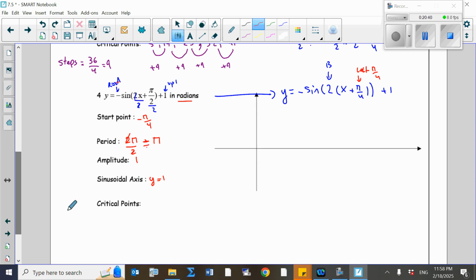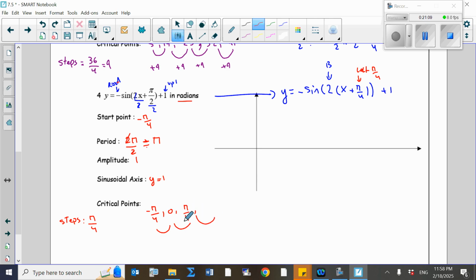Now, the steps of the critical points is pi, the new period, divided by 4. So that's just pi over 4. These are the steps between the critical points. The first point is at negative pi over 4. Then you add pi over 4 to this, that's going to be 0. Add another pi over 4 to 0, that's pi over 4.